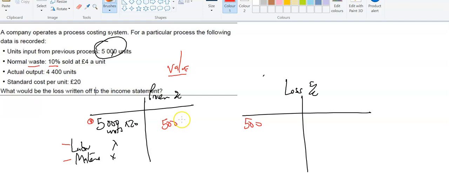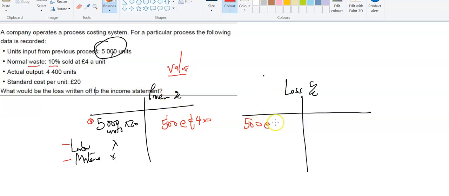And these 500, because we're naturally going to lose them, have some value in this case. Technically that's 500 at £4, because that's what they're worth. So I've taken 500 out of here, credit this process account, and I've put it in my loss account.